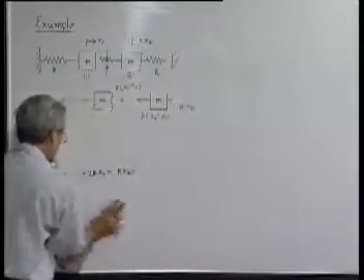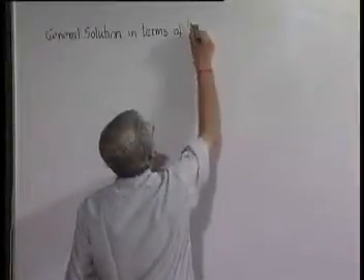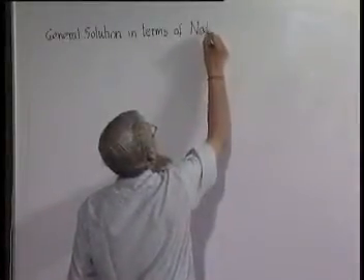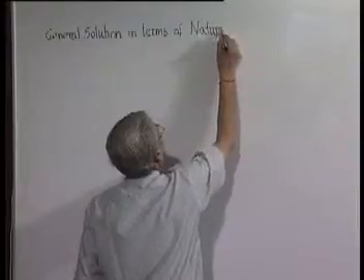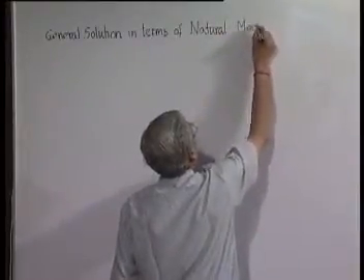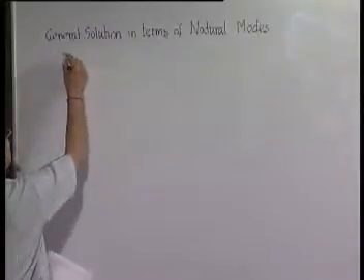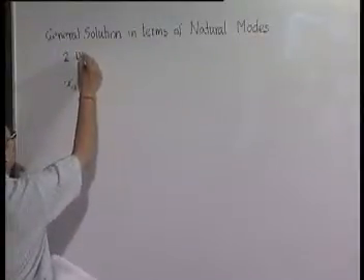But in practice one may say that there is no guarantee that the motion which we will be handling will be a simple natural mode oscillation. But as I mentioned, a general motion can be represented in terms of natural modes, and we will just look into the matter quickly.